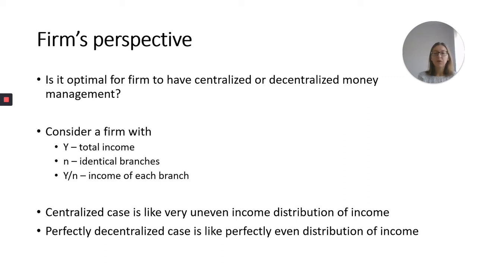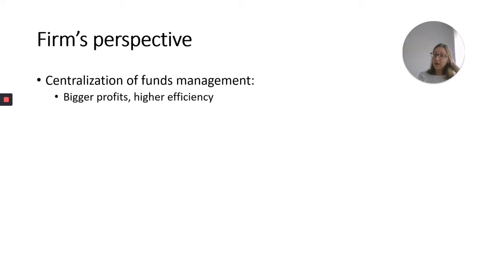So if we have more companies which are perfectly decentralized in money management, the transactions demand for money could be higher. While if we have companies which prefer centralized money management, the transactions demand for money would be lower. There are a few more issues to mention here.